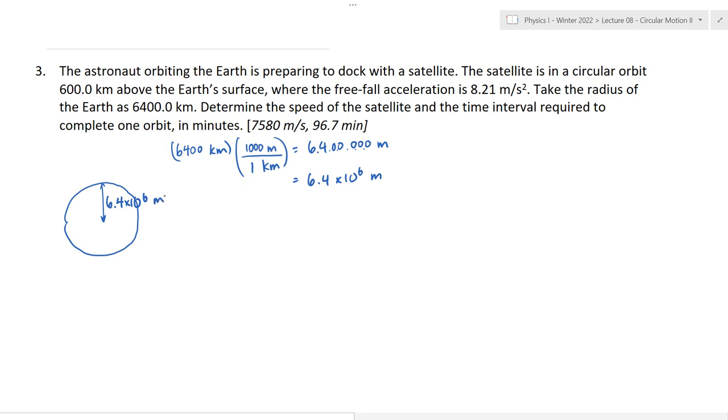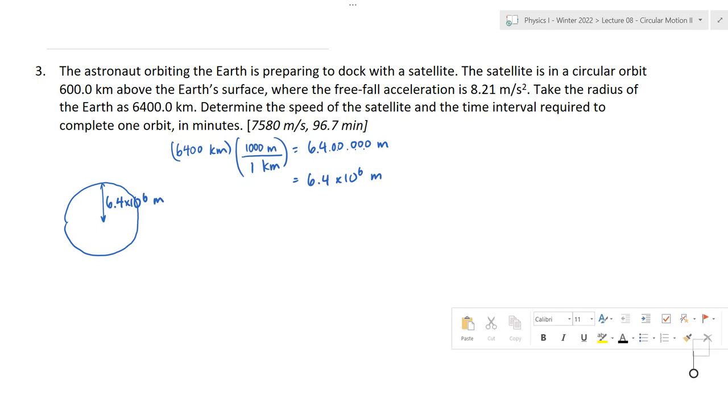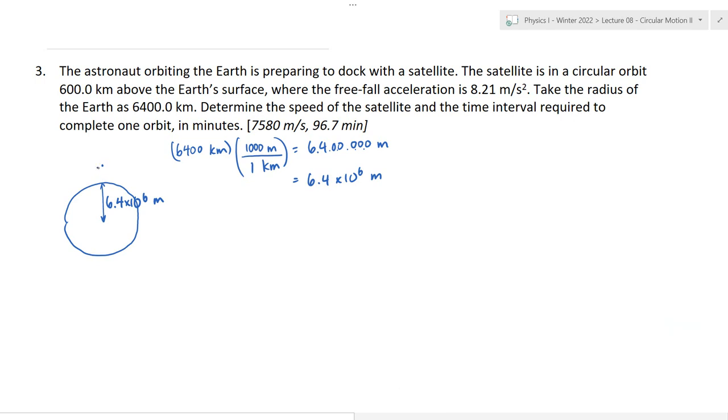But then it says that an astronaut is 600 kilometers above the Earth's surface. So 600 kilometers, let's say that's somewhere over here. So this is another 600 kilometers. Again, it's not in the correct SI unit, so I'm going to change it. 1 kilometer is 1,000 meters.